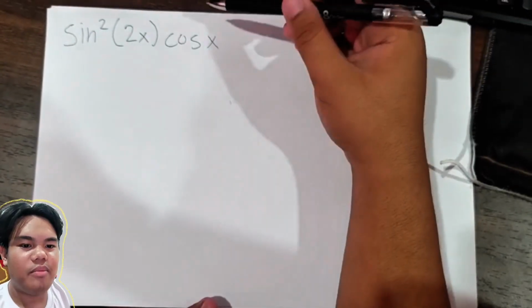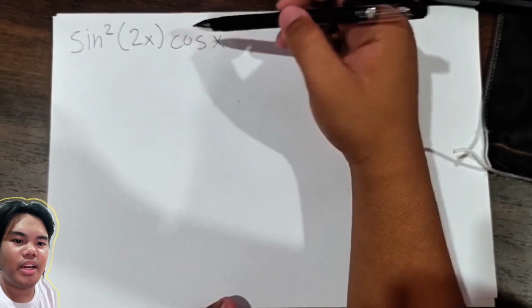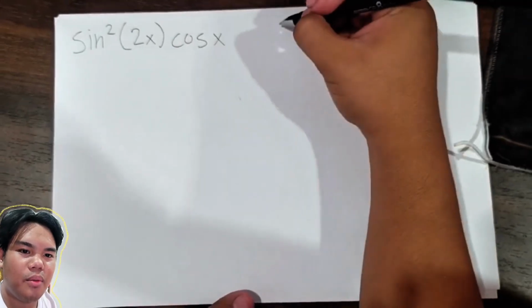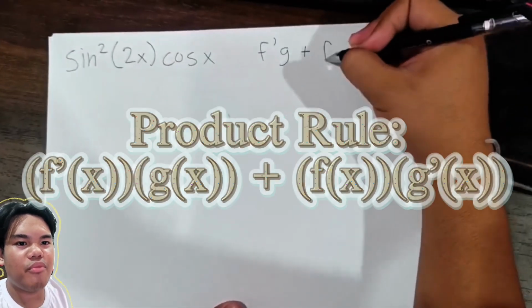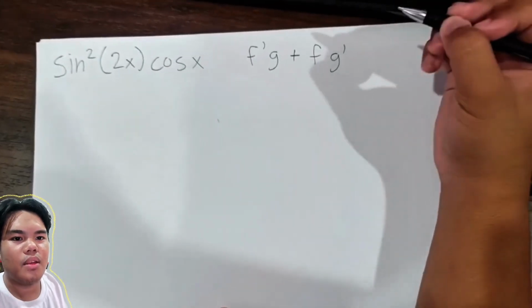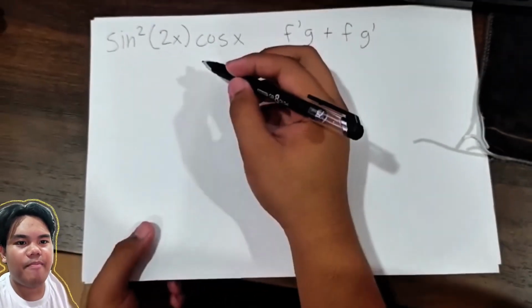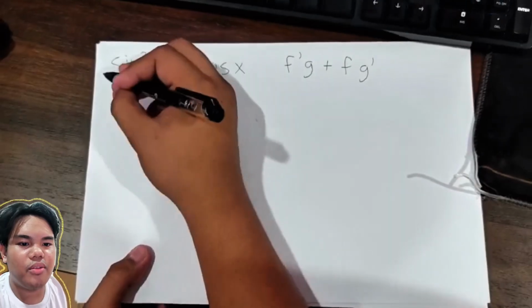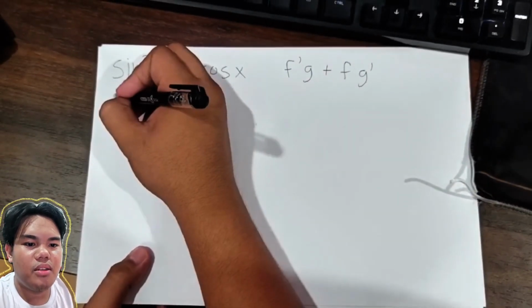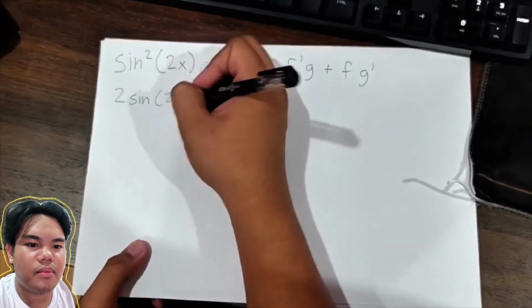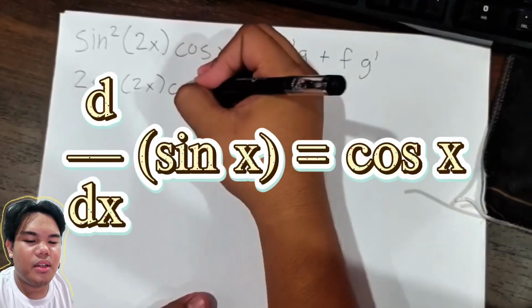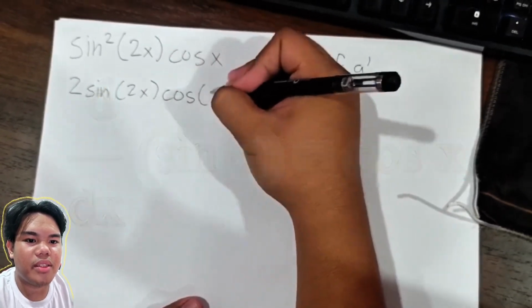So our problem here is sine squared 2x times cosine x, and we must use the formula f prime g plus f g prime. To get our f prime, we must bring down the 2 here, which makes it 2 sine 2x. We get the derivative of sine, which is cosine, and then 2x.